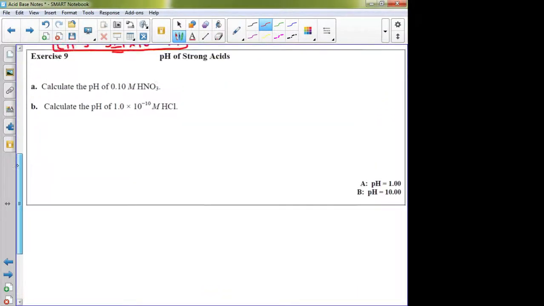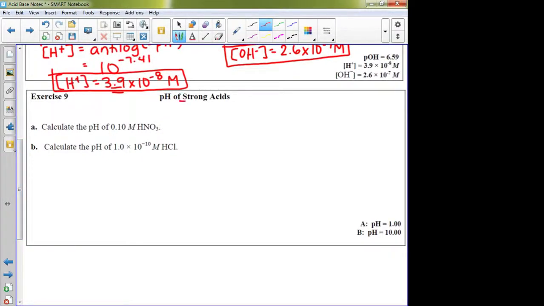Now, exercise 9, we're starting to talk about the pH of strong acids. Okay? What do I know about the pH? What do I know about strong acids? They dissociate completely, right? So, this says calculate the pH of a 0.10 molar nitric acid, HNO3.